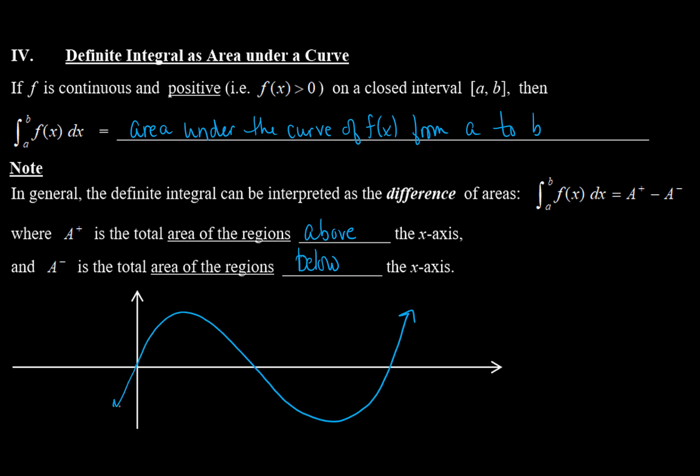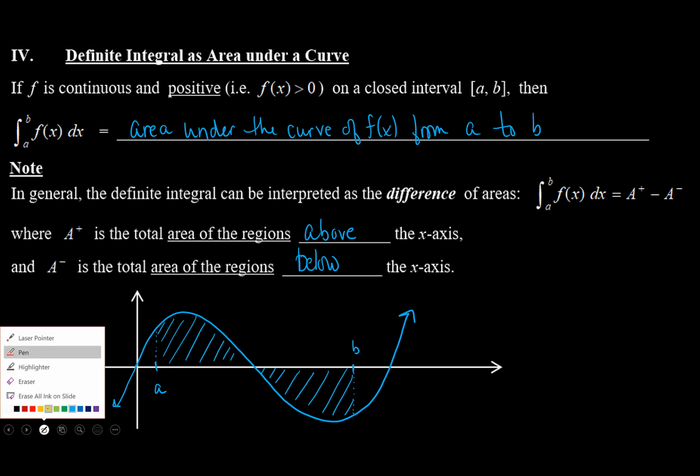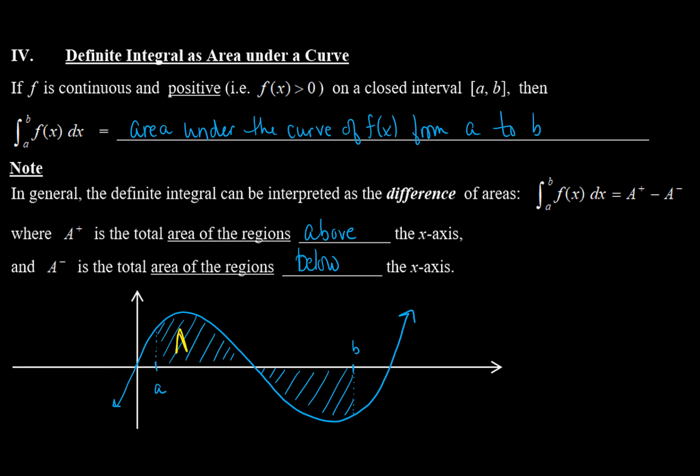So if I'm looking at some function, and here's my lower limit a and my upper limit b, and I wanted to figure out these areas under the curve, the ones above the x-axis are positive areas, and the ones below the x-axis are negative areas.